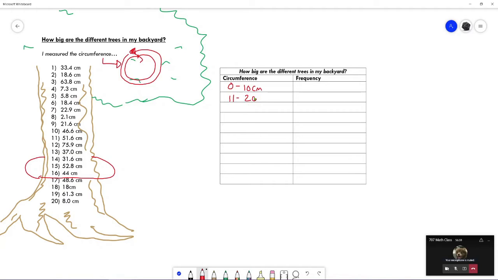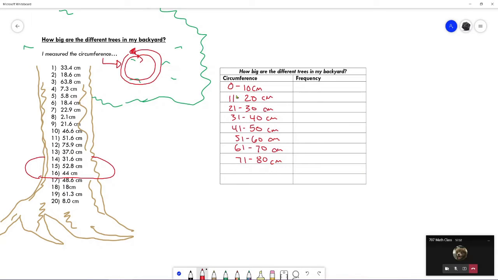Anything from 11 to 20 is going to go here. And I'm going to fill in the rest here so that we can start putting them in. I don't think I have anything more than 80 centimeters, so I always put my units if it's not clear.